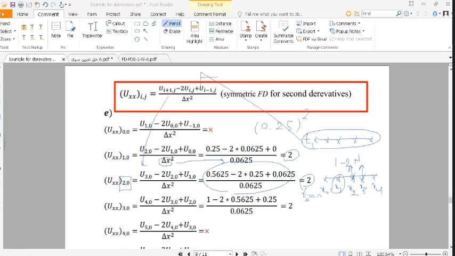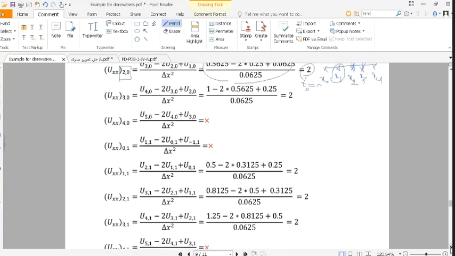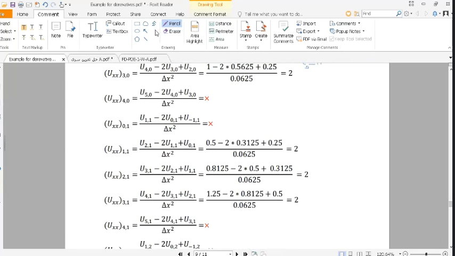Okay, I continue. Please don't send me any solution, because I start to explain the solution of the UXX for the second line. In the second line, we have again 4 points.